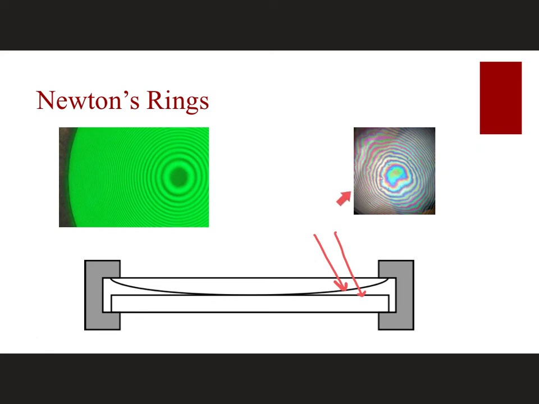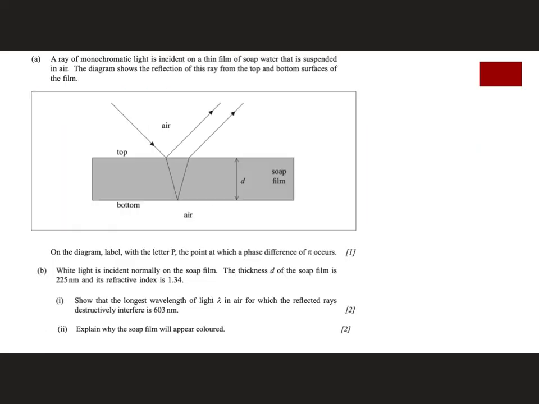That's going to do one thing in terms of I get colored rings, because each of the wavelengths are going to occur at different spots. It also is not a very good lens because it doesn't make a nice even circle.